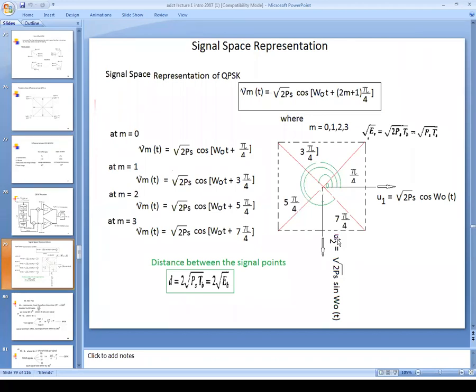The distance between the signaling points, D, is equal to 2 root Eb. So each signaling point distance is 2 root Eb.